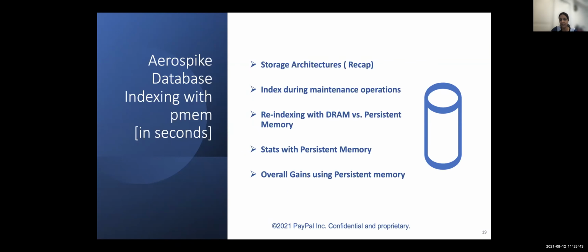I'll go over some concepts of storage architectures, then understand what indexing is, why it is important, and the difference when we index with DRAM or persistent memory. We'll follow with some stats comparing persistent memory and DRAM, and finally conclude with the overall gains we are achieving using persistent memory.